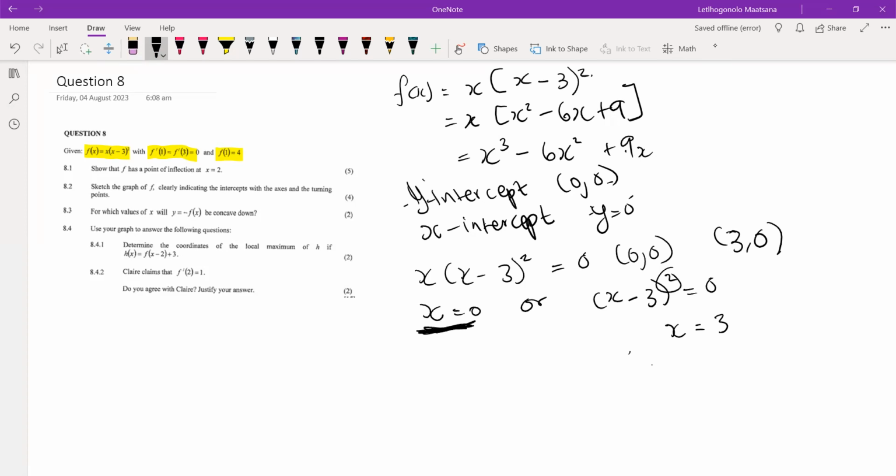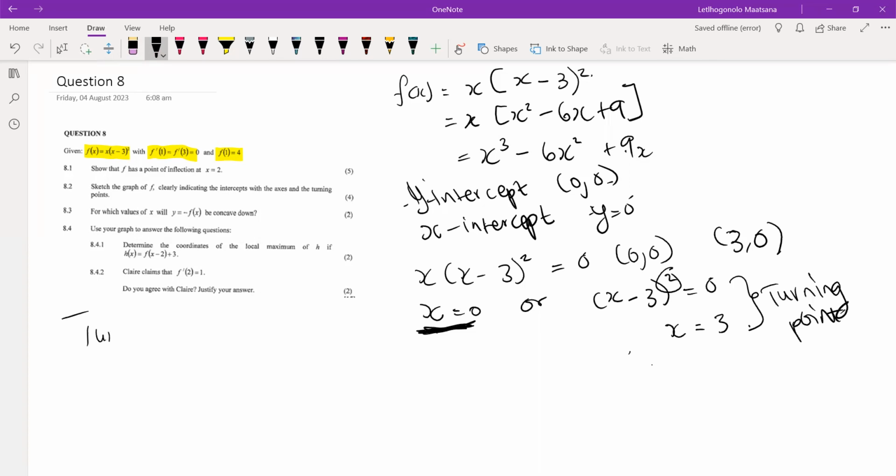This square here tells us that this intercept is repeating itself twice, so we are most likely to find a turning point at that value. Let's now look at our turning points, which can be found using the derivatives.